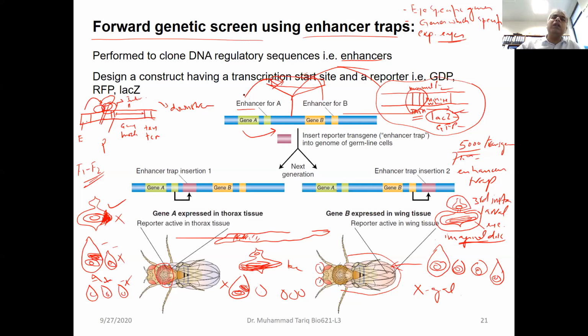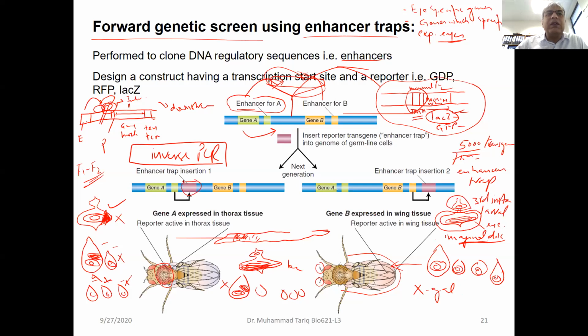So people clone these enhancers, and once you know you have this eye specific enhancer, you can simply do inverse PCR. By inverse PCR, you can clone the flanking regions. For example, your gene of interest, this construct is here.